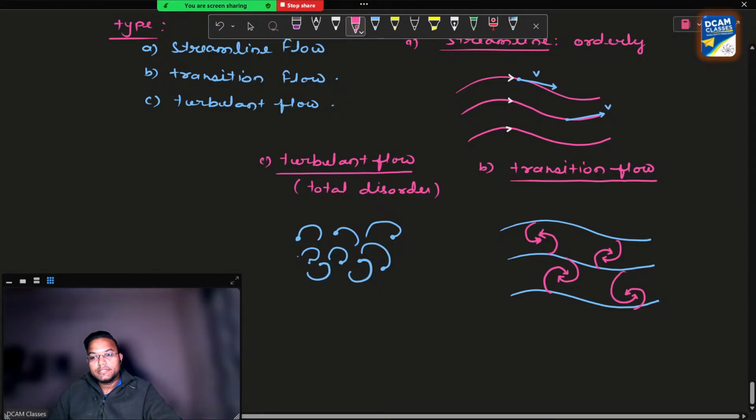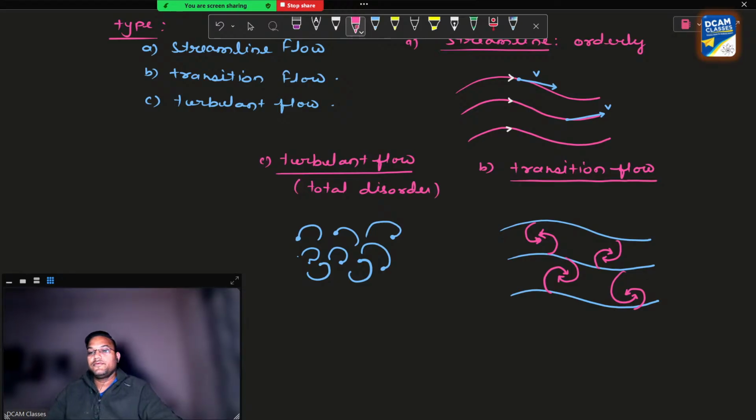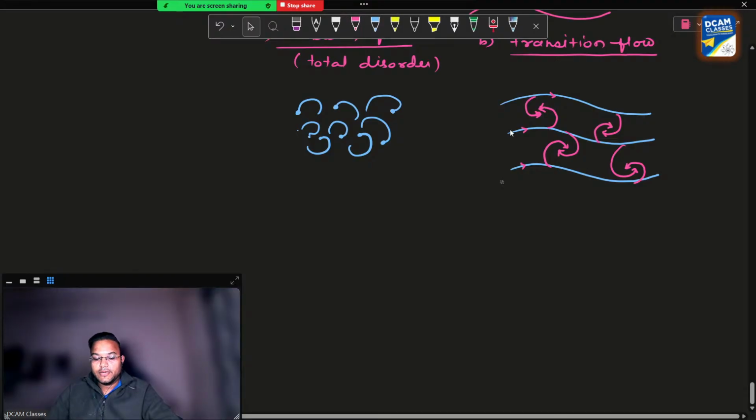These arrows represent the different order. Means it was moving like this, and then it has changed its order in the middle. That's called transition flow.